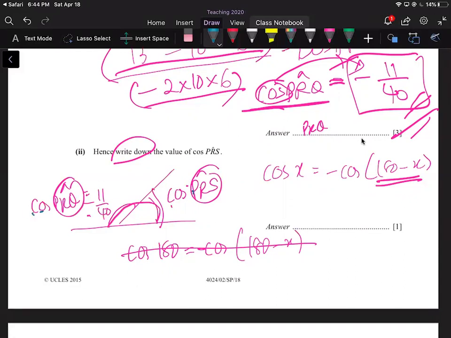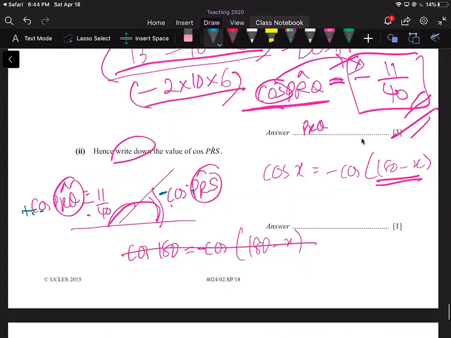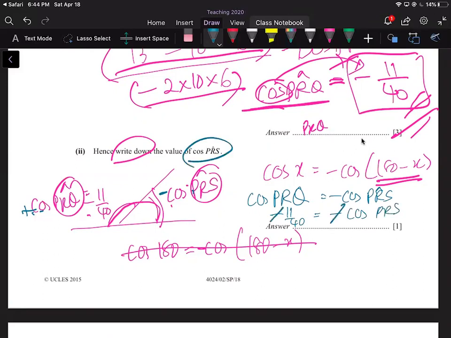So ini positif kan tadi, so ini kamu mesti jadikan negatif. So artinya cosine PRQ is equal to negative cosine PRS. Okay, so you know that minus 11 over 40 is equal to minus cosine PRS. Ia bukan mau minus, ia mau plus. So cancel. Therefore, cosine PRS is equal to 11 over 40.